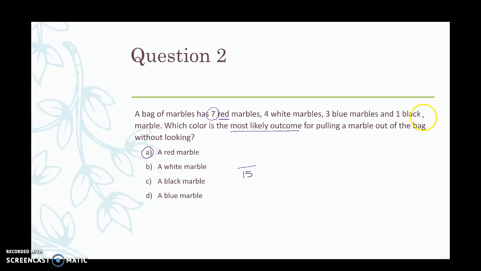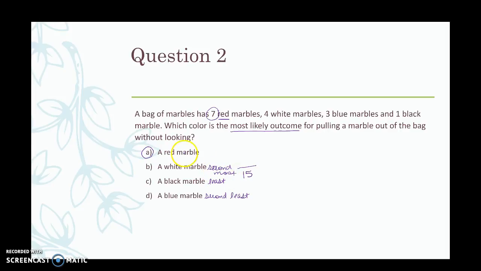There's only 1 black, so that's the least likely. There's 3 blue marbles, so that would be the second least likely. Then 4 white, that's next, so that's the second most likely.